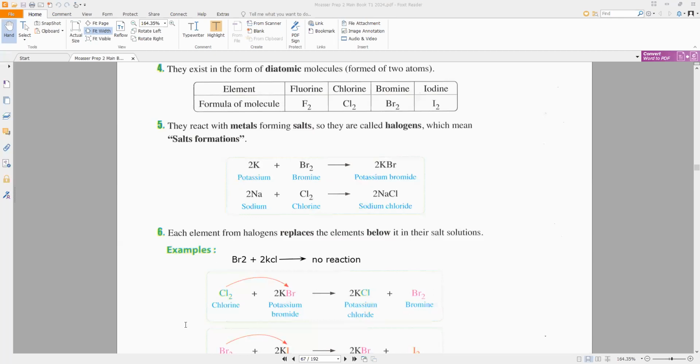But when a halogen reacts with a salt of a halogen that is more active than it, no reaction happens and it cannot replace it.